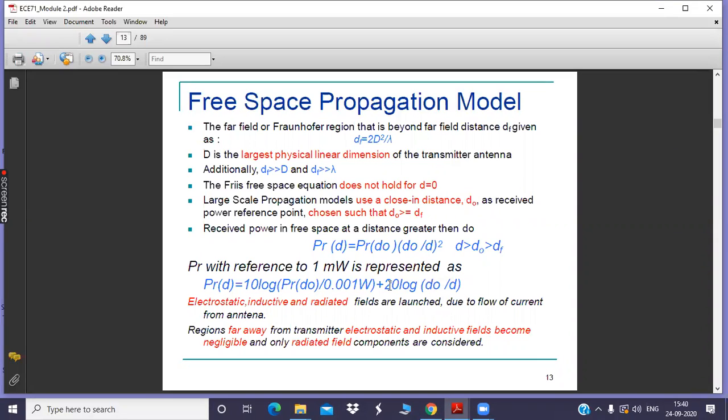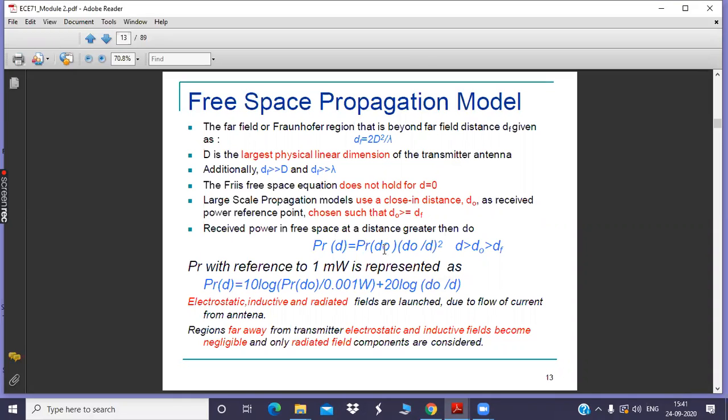This is in dB watts. If there is no 0.001, it will be in dB watts. To convert watts into milliwatts, if you want the value in terms of a reference of 1 milliwatt, we have to divide by 0.001. This is a normal numerical quantity. When you convert this numerical quantity into decibels, we apply 10 log on both sides.